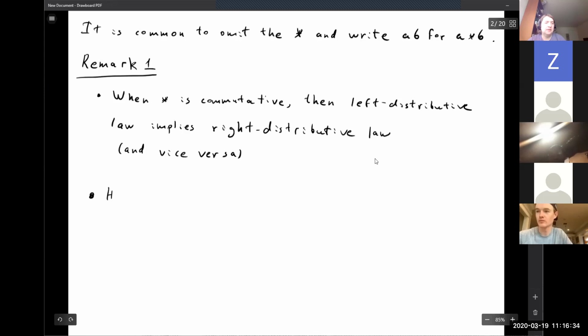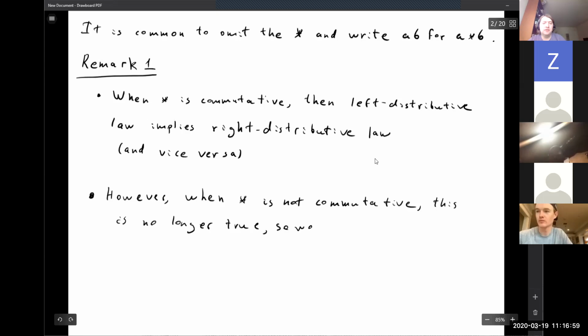However, when the binary operation star is non-commutative, this is no longer true.